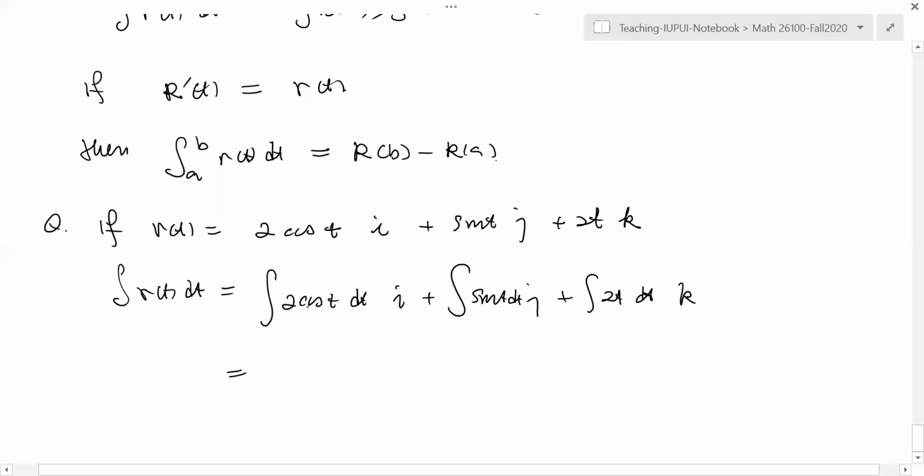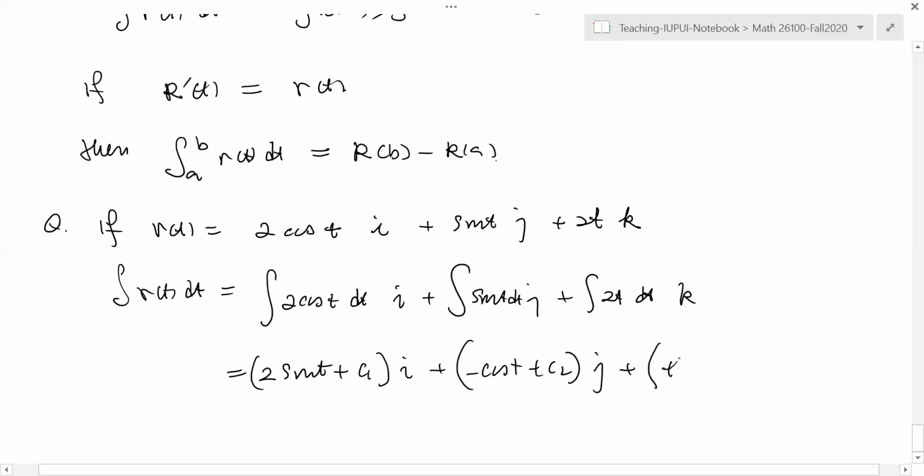The antiderivative of 2 cosine t will be 2 sine t. Now, you may have a coefficient that's called C1, i. The integral of sine t will be negative cosine t, then have a C2, j.